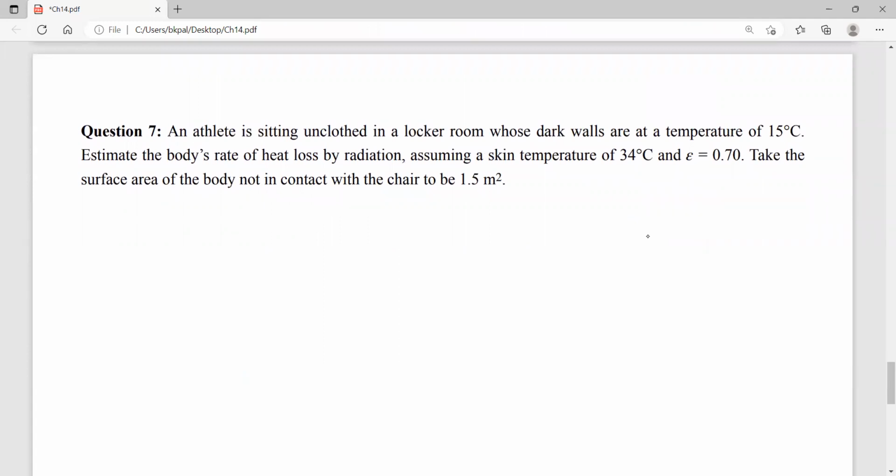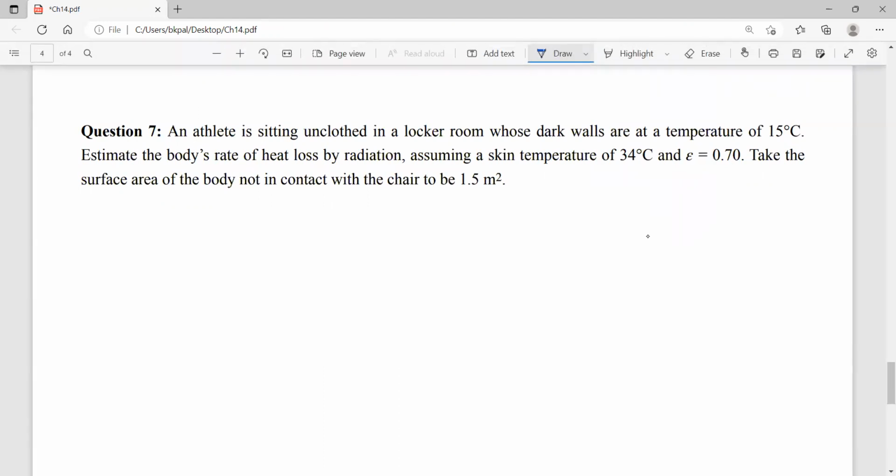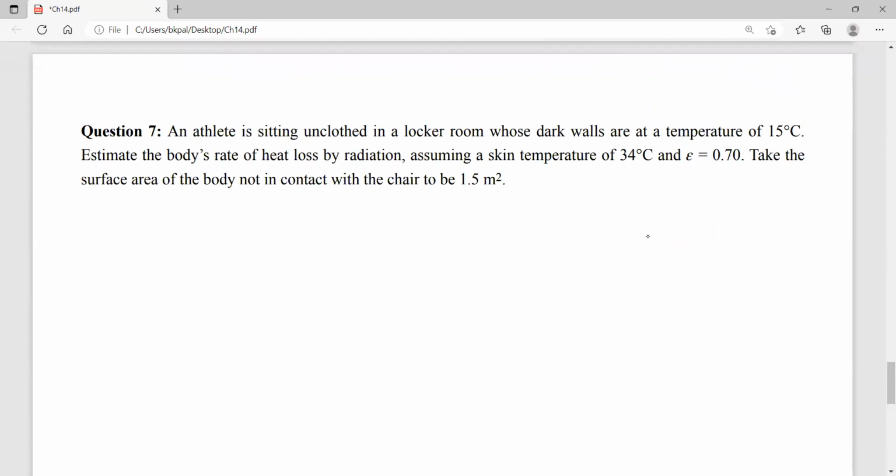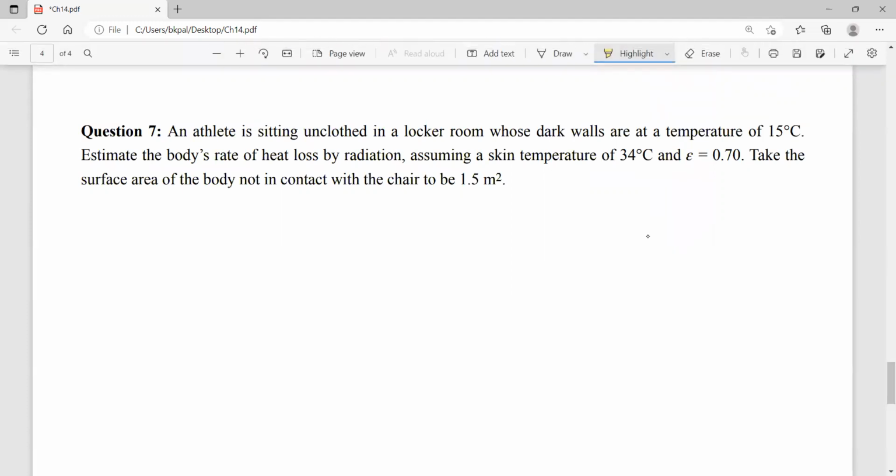And this is the last one. Here we have to calculate the heat transfer rate by radiation. Okay, so it says that an athlete is sitting unclothed in a locker room whose dark walls are at temperature 15 degrees Celsius. Okay, so the room temperature is 15 degrees Celsius.